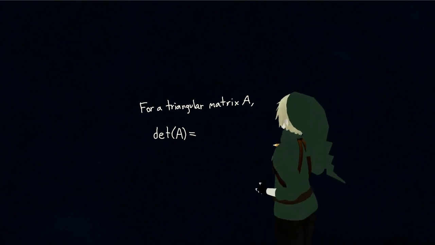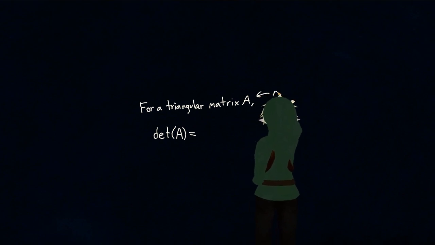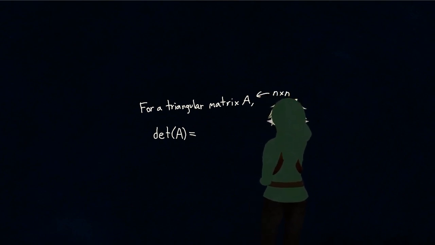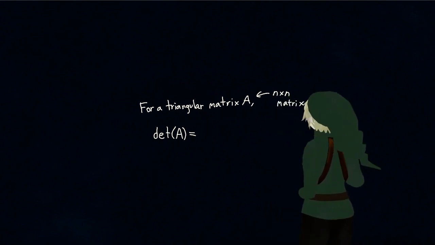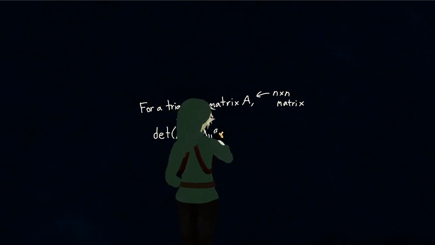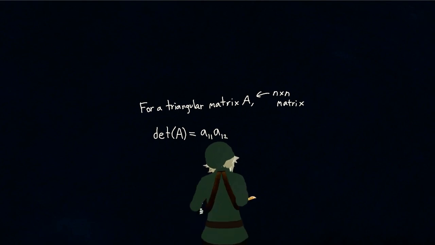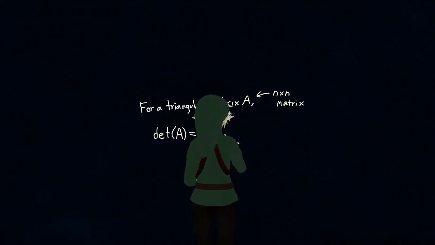I just want to let you know this is an n by n square matrix. So the determinant of A is equal to the entry 1,1, entry 1,2, and then so on. Oh, I'm sorry. No, I lied.